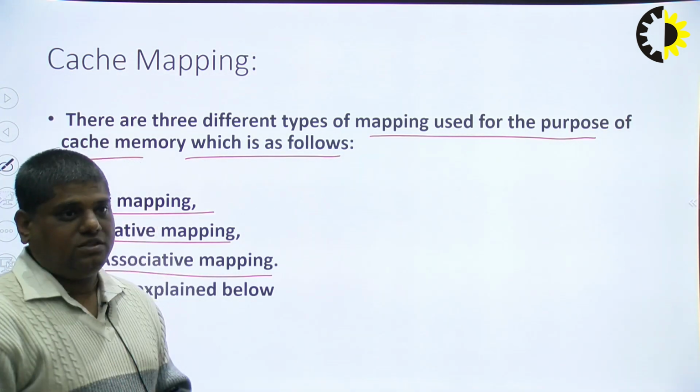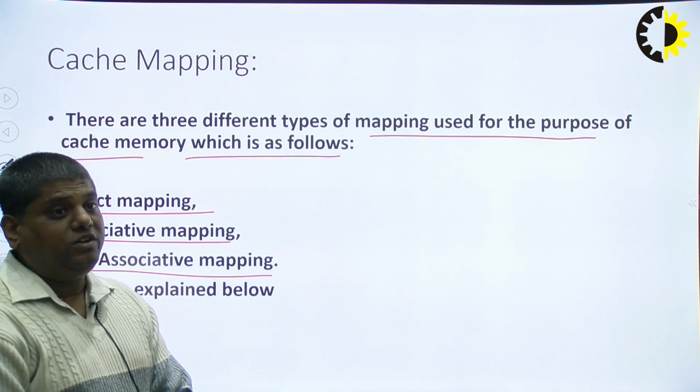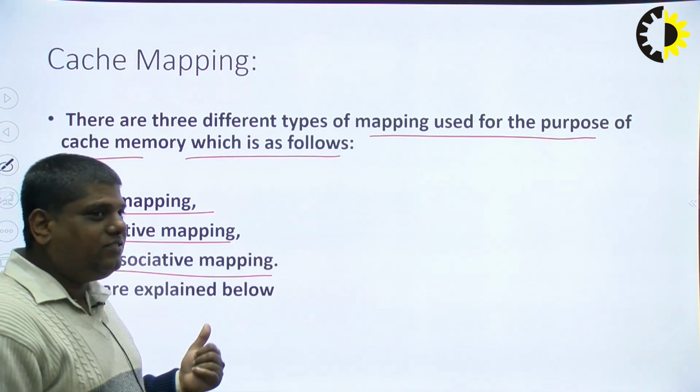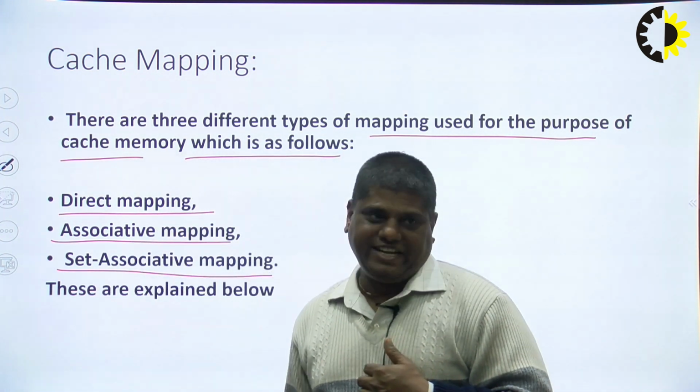Then I explain that there are three different types of mapping by which data are mapped from main memory to the cache memory: direct mapping, associative mapping and set associative mapping.